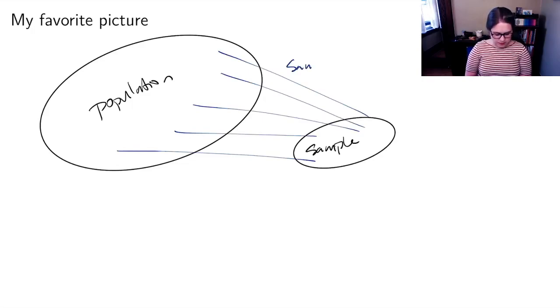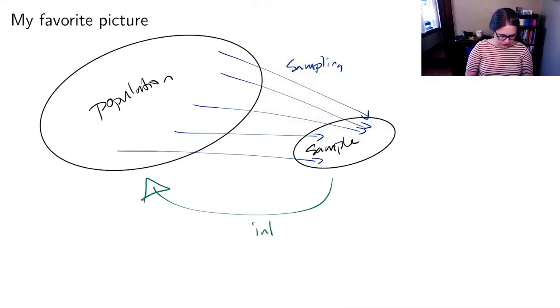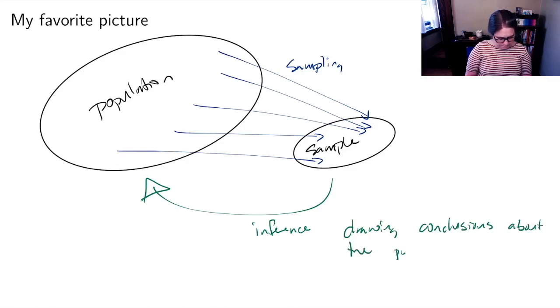This is sampling, and it goes in that direction. And then the point of statistics is to do inference, drawing conclusions about the population based only on information from the sample.